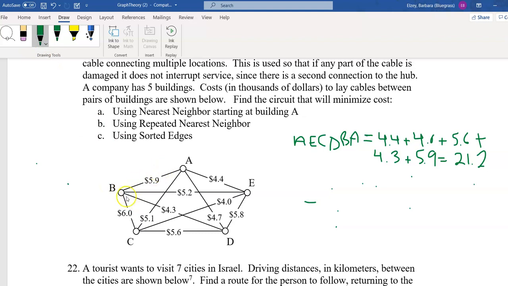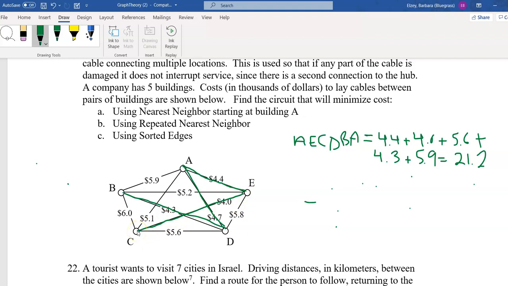So let's see. Coming out of B, the nearest neighbor will be 4.3. Coming out of D, our next nearest will be 4.7. Coming out of A, looks like 4.4 will be the smallest. And then coming out of E, 4.0 will be our smallest.